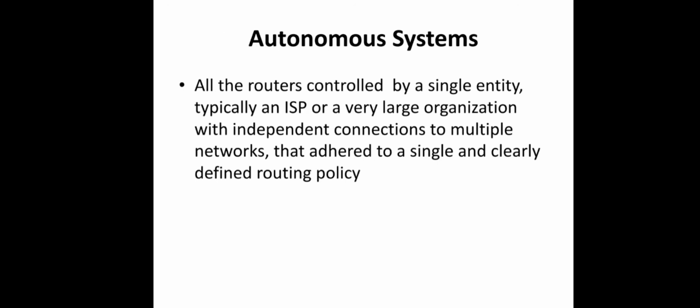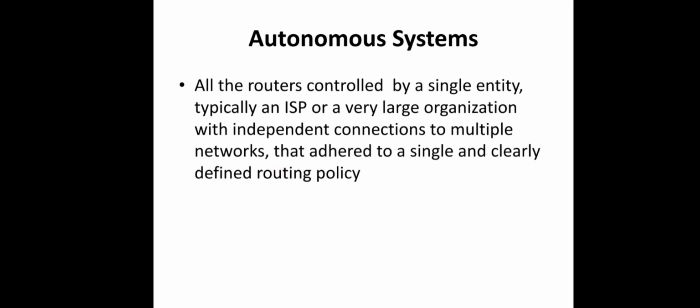Now the task is simplified, right? The entire set of routers within the internet is now divided into a set of autonomous systems, such that all the routers controlled by a single entity, maybe an ISP or a very large organization with independent connections to multiple networks, form an autonomous system.